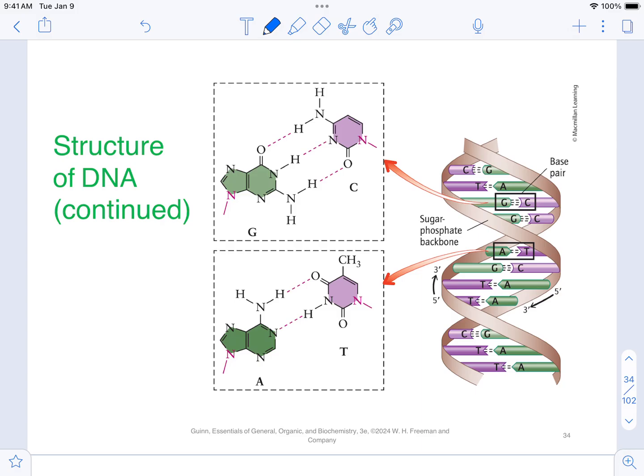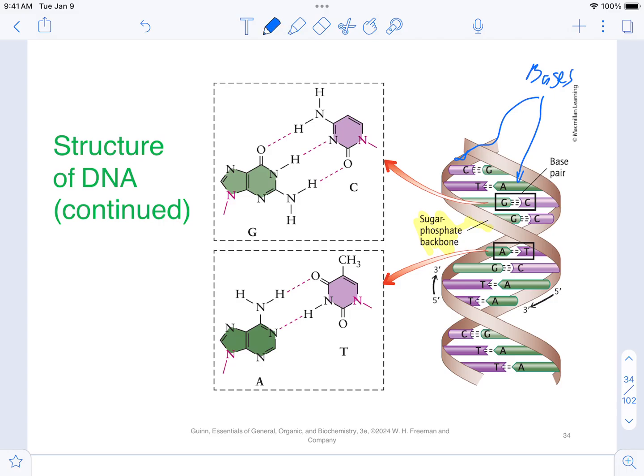So in this structure here, you can see your nitrogenous bases. You can see that these bases are these horizontal colored bars. So this red and purple bar over here, those are your bases. Your sugar phosphate backbone is the brown ribbon that you see right here.